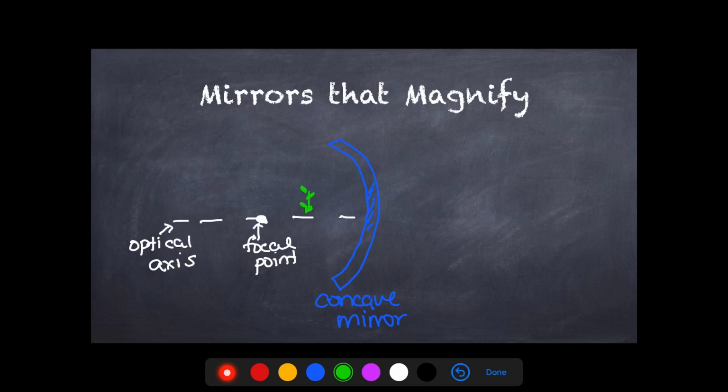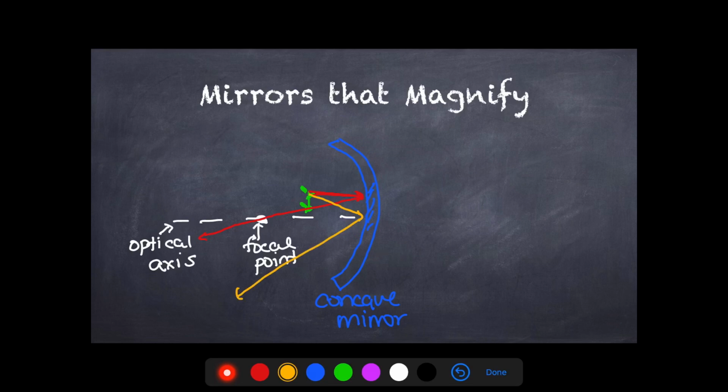Okay. What's going to happen is that I'm going to have light that's going to come from this plant. It's going to hit this mirror, and it's going to be reflected back through the focal point. Okay? Now, if I have another ray, it's going to come out, hit the mirror, and it's going to be reflected.